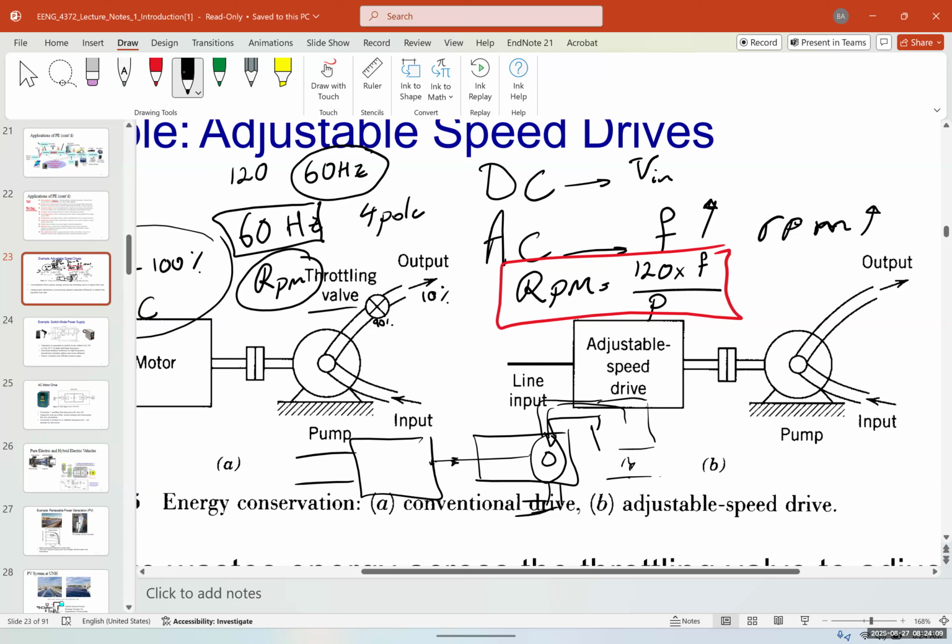Now the generator creates, let's say, a 500 volt, something like that, but the frequency is important to us, 60 hertz. Now, what is the RPM? At what speed should this rotate and this rotate to create 60 hertz?